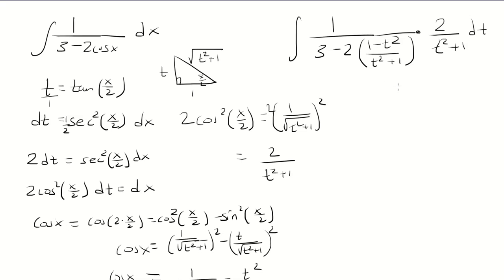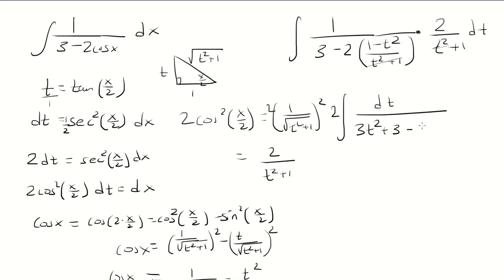So now we multiply this. We have 2 on the top, so we'll just bring that outside. And then it's dt. Over on the bottom, you want to multiply t squared plus 1 by both terms. So 3 times t squared plus 1 is 3t squared plus 3. And then minus, so we'll multiply t squared plus 1 by negative 2 times 1 minus t squared. But actually, it's going to cancel with the denominator.